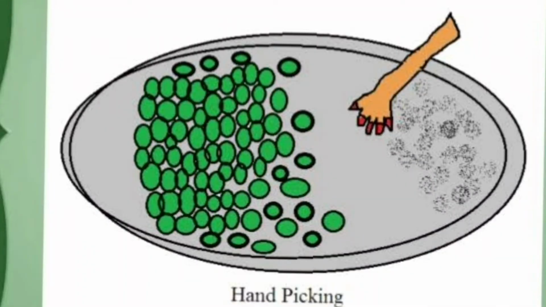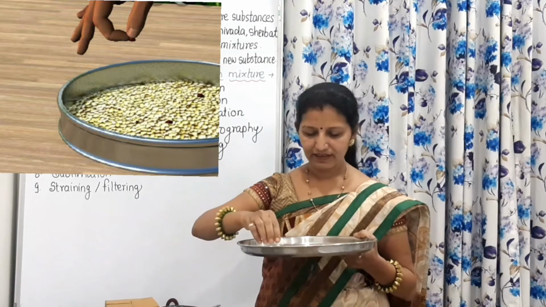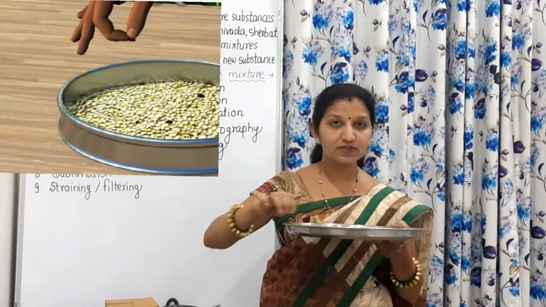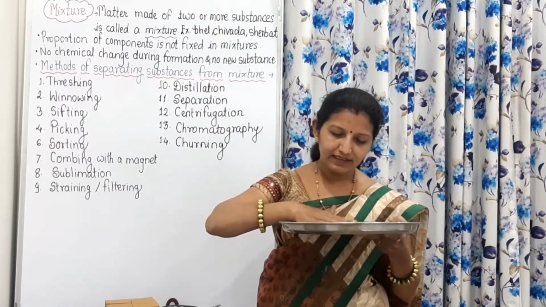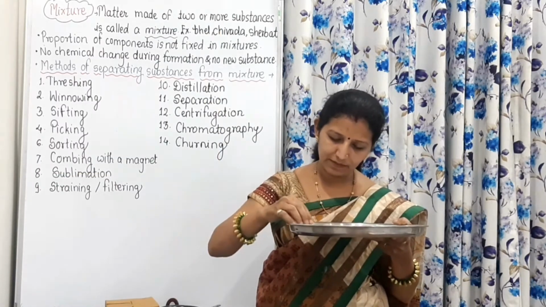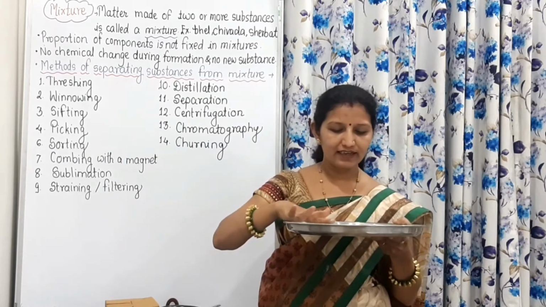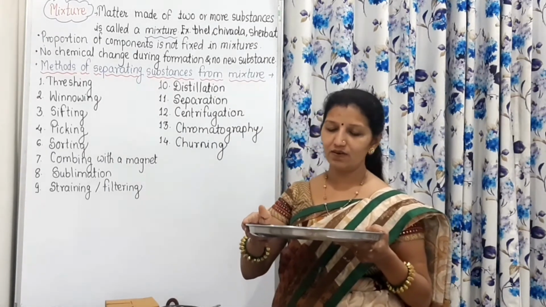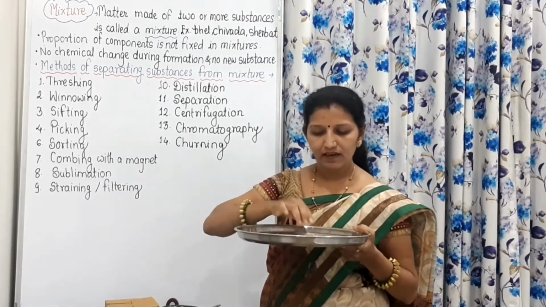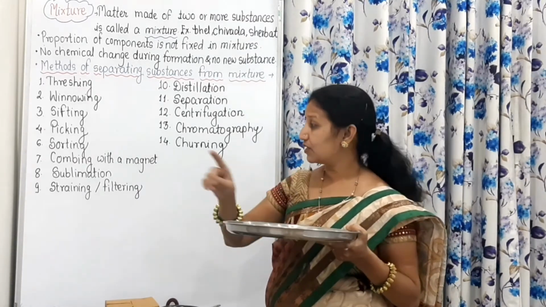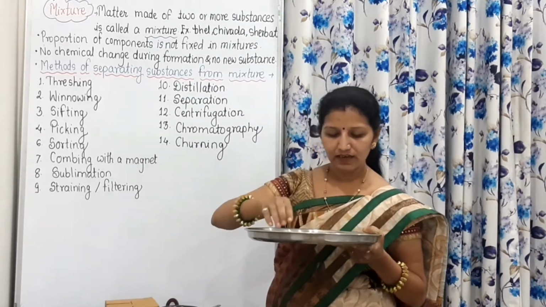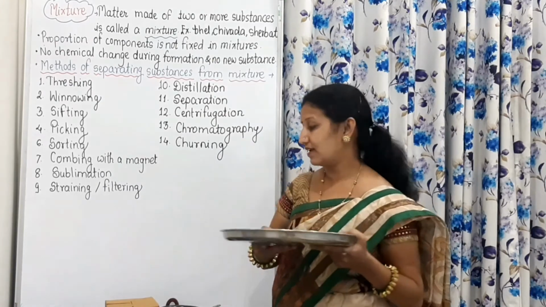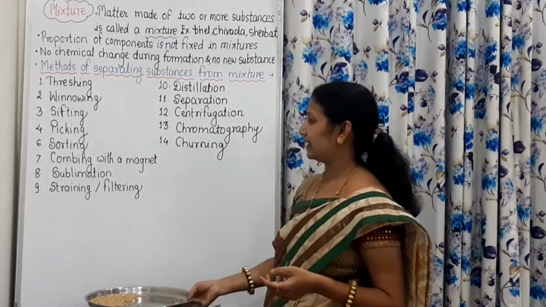You must have watched your mother doing picking. She picks the small stones from grains like wheat, jowar, bajra, pulses, rice, all these things. Then she does sorting also. By picking, she removes the unwanted substances, and sorting is also done.